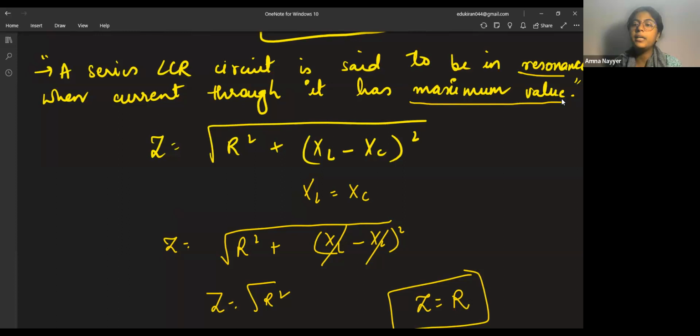Whenever something was present over here, XL minus XC, though this was written, but something was present, right? Now that was getting added to R square, XL minus XC.